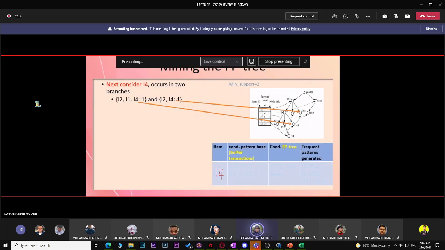Okay, boleh? So I4, what will be conditional for I4? It can be found in this branch and at this branch.